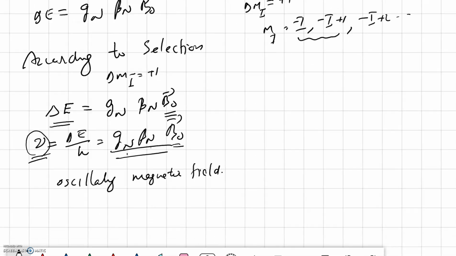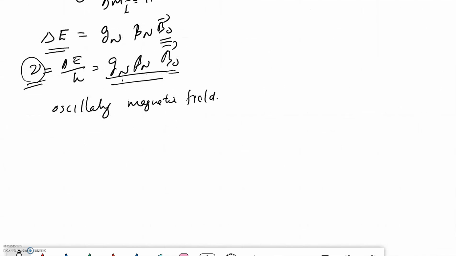Therefore, a collection of identical non-interacting nuclei would give a single NMR absorption frequency.